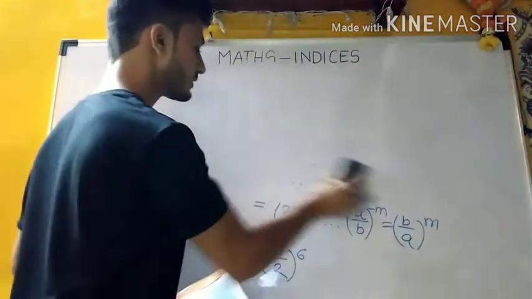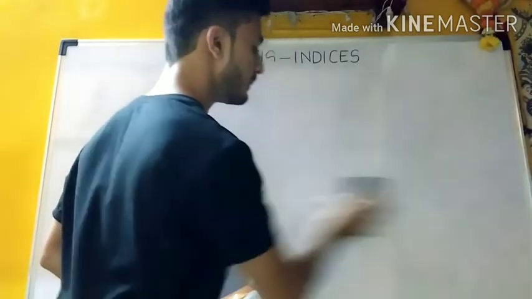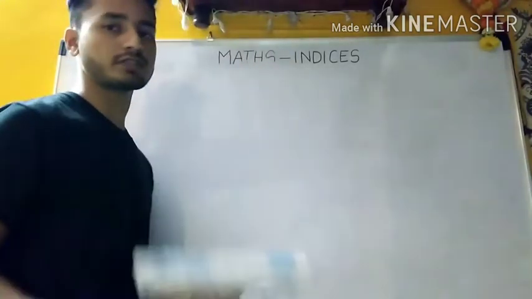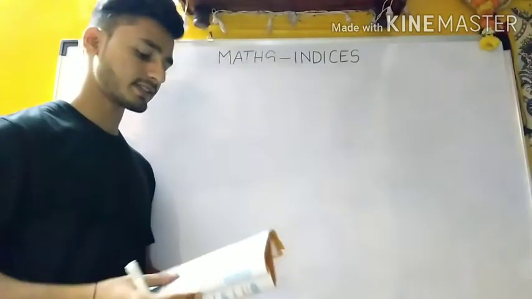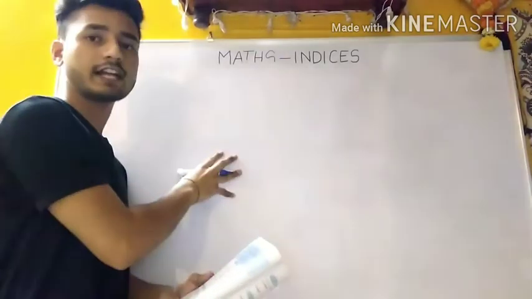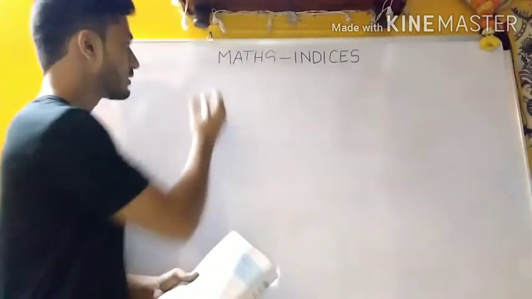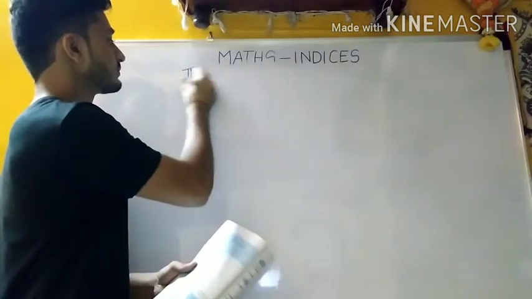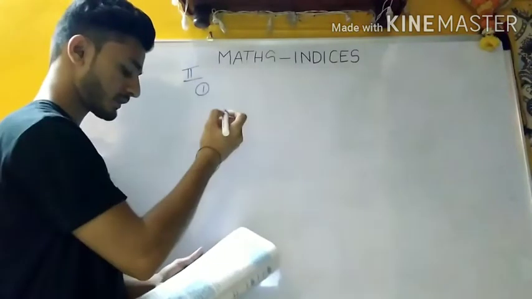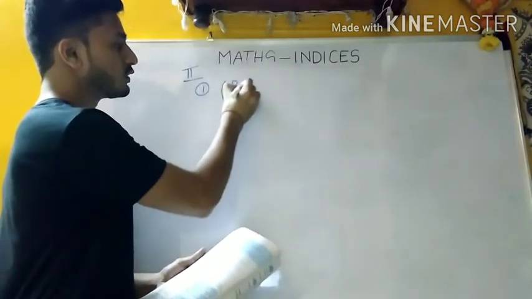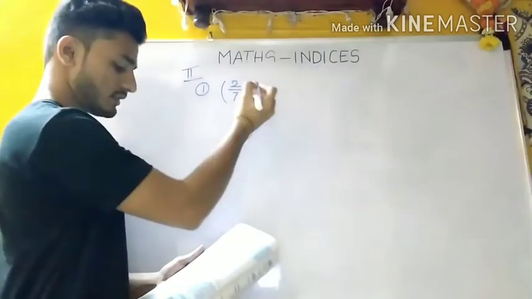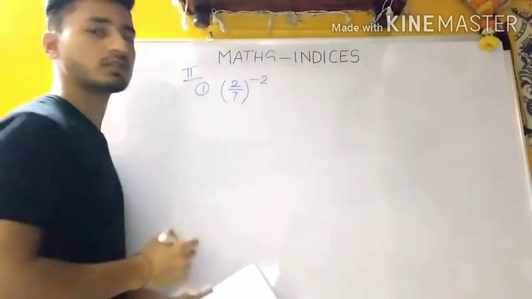We have to just make the negative powers positive. Okay, there's a separate exercise based on making the negative powers into positive. So question number 2, first question is 2 upon 7 raised to the power minus 2.